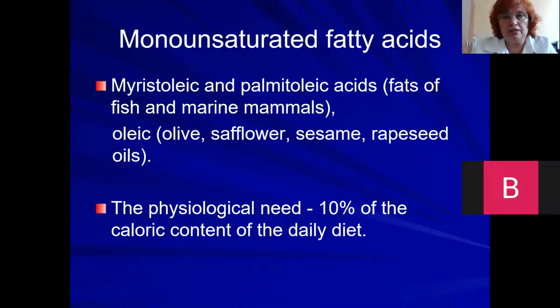Monounsaturated fatty acids. Myristoleic and palmitoleic acids are in fats of fish and marine mammals. Oleic acid is in olive, safflower, sesame, and rapeseed oils. The physiological need is 10% of the caloric content of the daily diet.